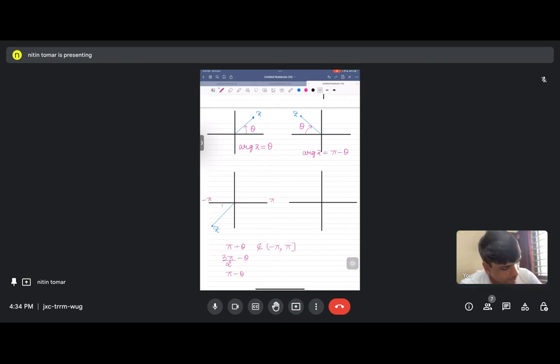So, if this is your theta, what are you doing exactly? Minus pi plus theta, correct? Yes, sir, minus pi plus theta. Correct. So why don't you say it like this? And this is in the range, right? Yes, sir.